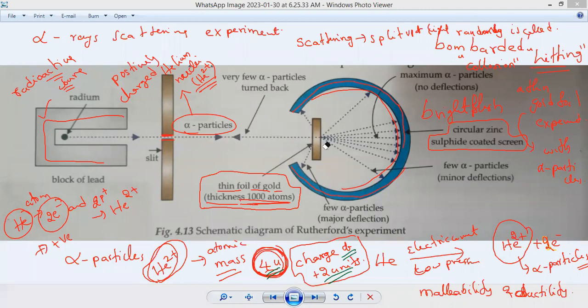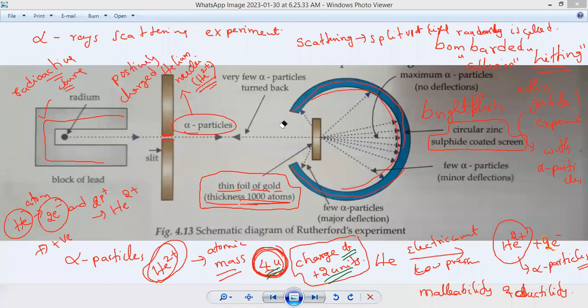He noticed that when the particles struck this thin metal gold foil, some of them scattered instead of continuing straight through it. That is what you can notice. They deflect in different directions, very few are scattered, and only about 1%, a very small percentage of particles, reverse back exactly.